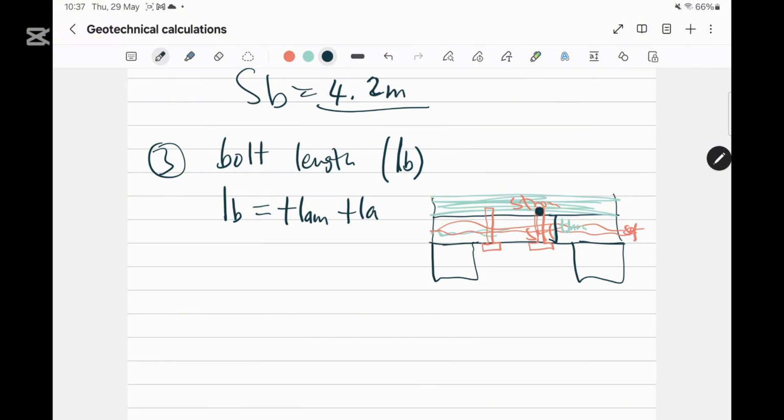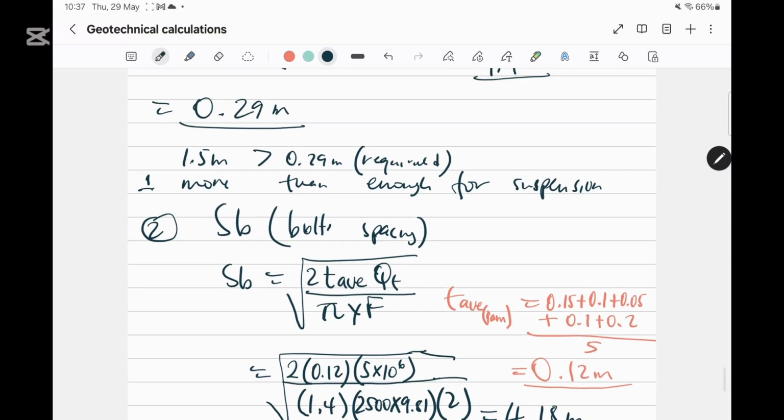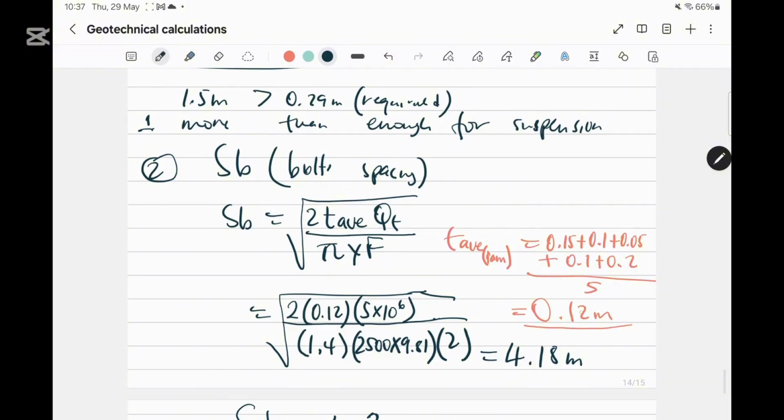So your bolt must be long enough to be greater than the TLM, and it should also have an anchor length entering the hard rock. So you have your TLM, which is your average for the soft rock, and we found it as 0.12.